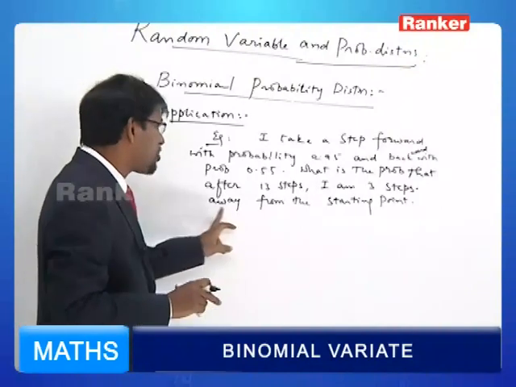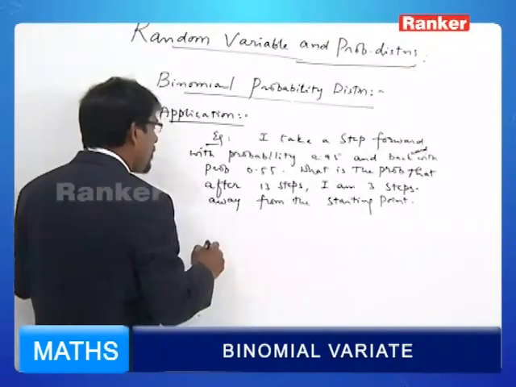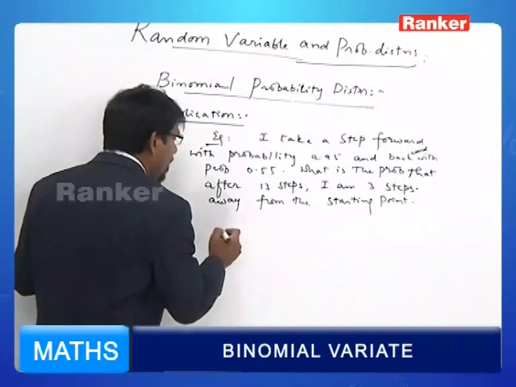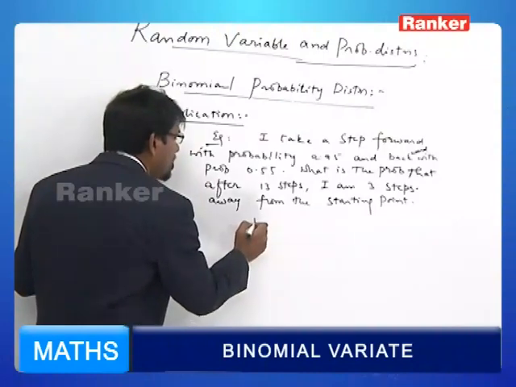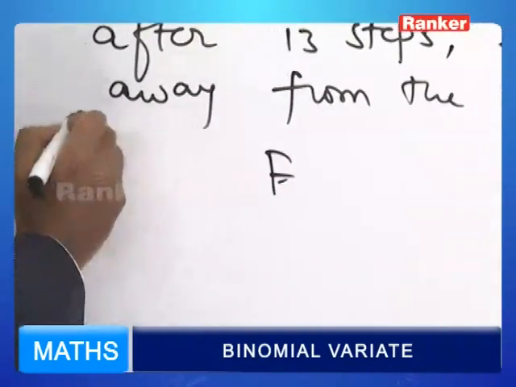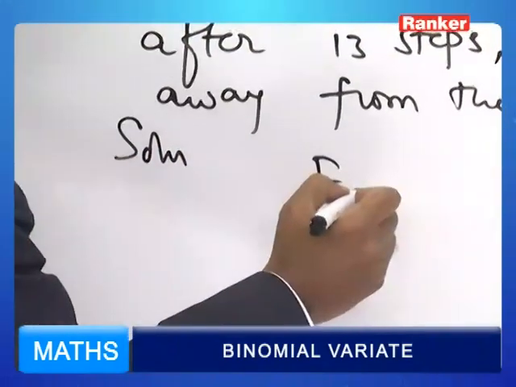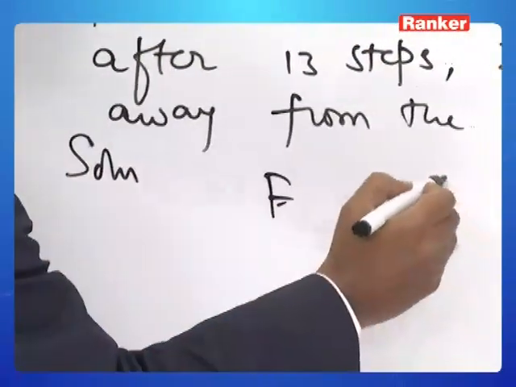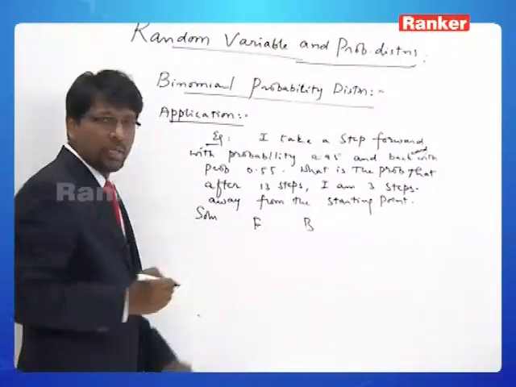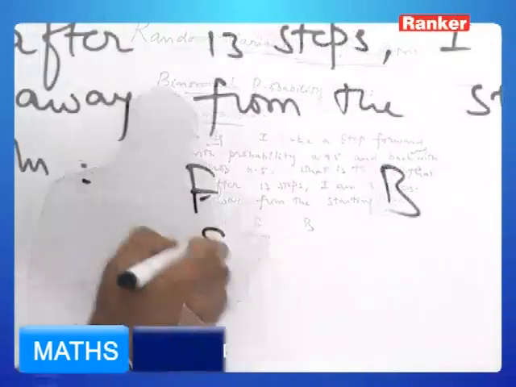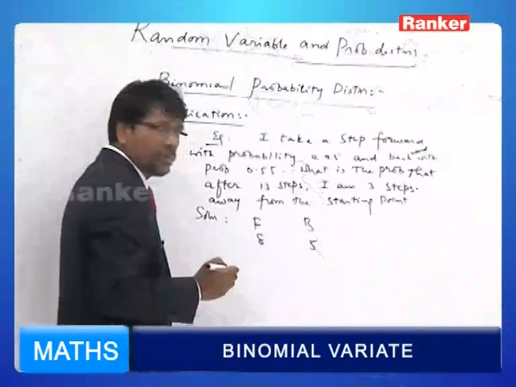So the number of forward steps, let me call it F, and backward steps, let me call it B, could have been 8 and 5.